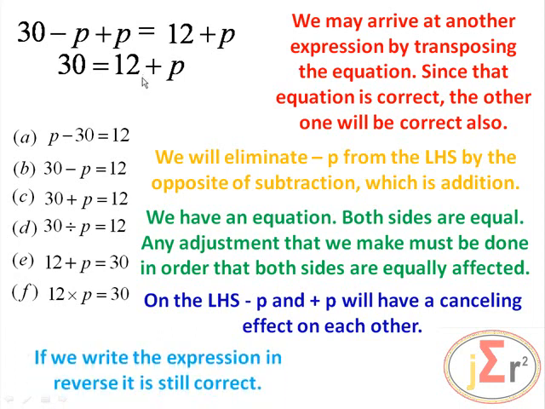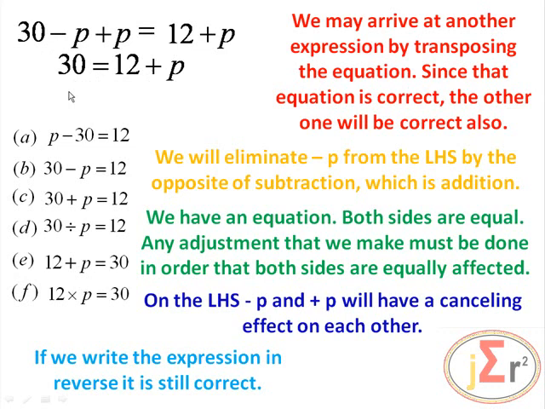If we write the expression in reverse, it is still correct. Notice that here we do not have any option that is alike this one. That's what we imagine. However, this is an equation.